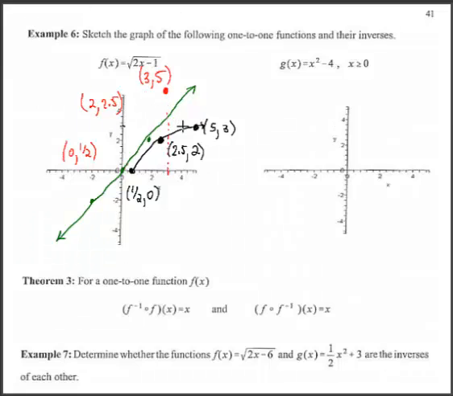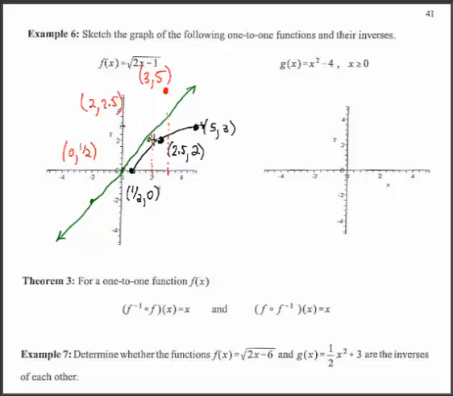Alright, so you're probably thinking the same thing I'm thinking. These 2 points are supposed to be the same distance away from this green line, but keep in mind I did not draw this green line very well. Okay, so I'm just going to go ahead and try to put these points for f inverse in the right spots. Worry about the green line later. 2 and 2.5. Okay, x is 2, and I go up to 2.5.